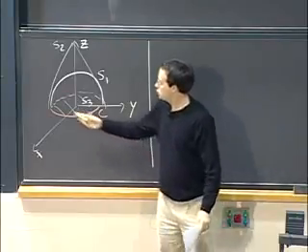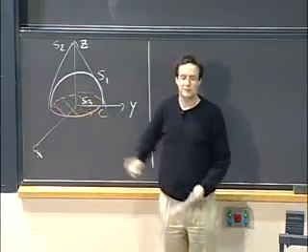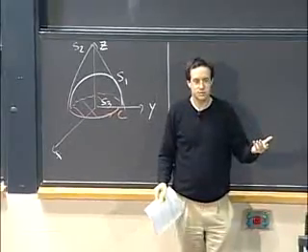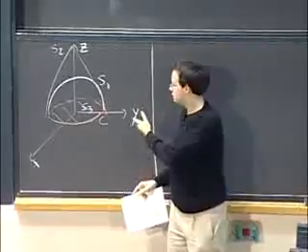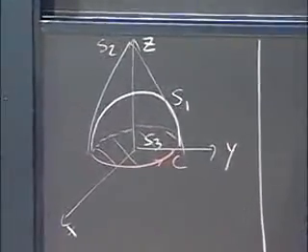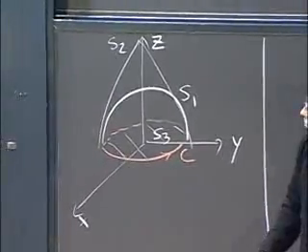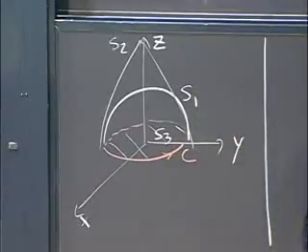Similarly, to define the work, I need to choose which way I'm going around my curve. If I change which way I go around the curve, then my work will become the opposite. So I have to orient the curve C and the surface S in compatible ways. We have to figure out the rule for how the orientation of S and that of C relate to each other.